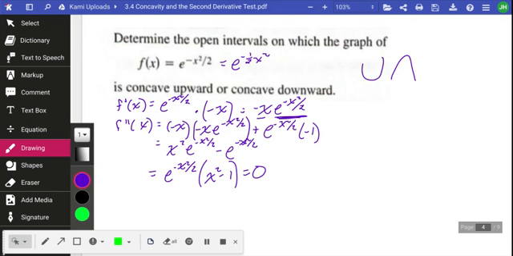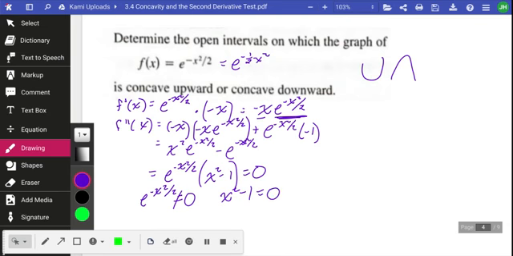When we solve this, we use the zero product property, which means I set this equal to 0. Unless there's addition or subtraction outside of the exponent, exponential functions can't be 0, but this factor can be 0.